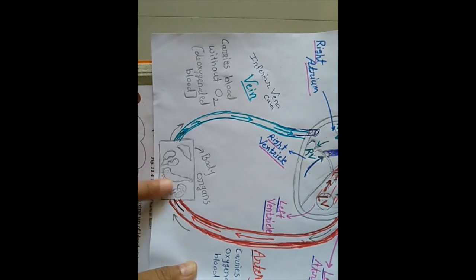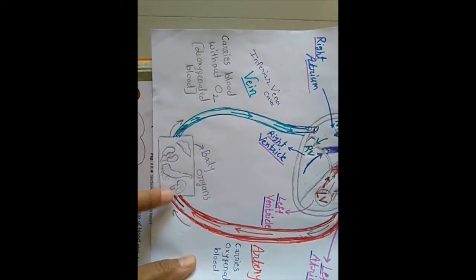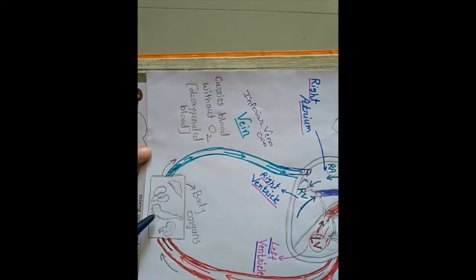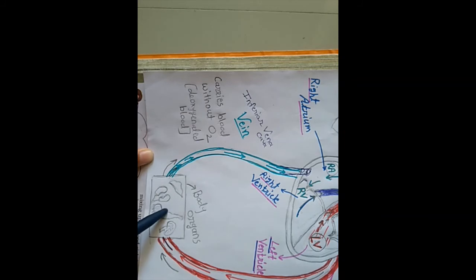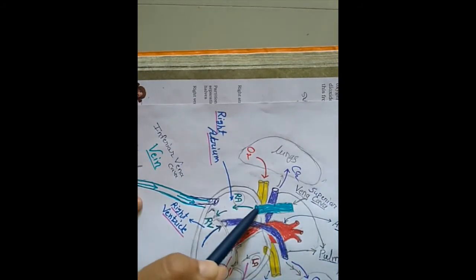So now oxygenated blood has reached the body organs. The cells of the body organs will use the oxygen of that blood, and then again the deoxygenated blood will be carried through the inferior vena cava and through the superior vena cava.